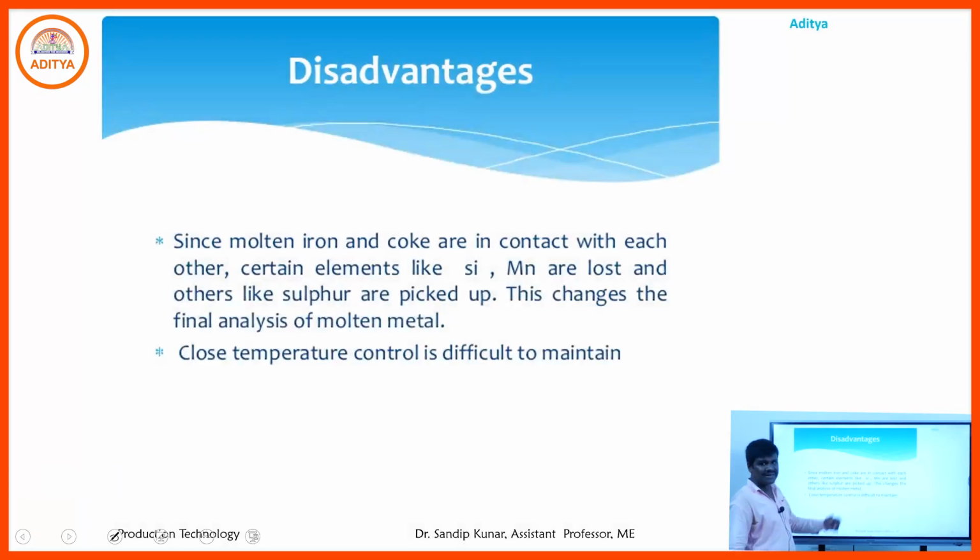What are the disadvantages? During melting, the coke and iron contact each other, and due to this contact, certain elements like silicon and manganese are lost. Sometimes other elements like sulfur may also be added to the molten metal.